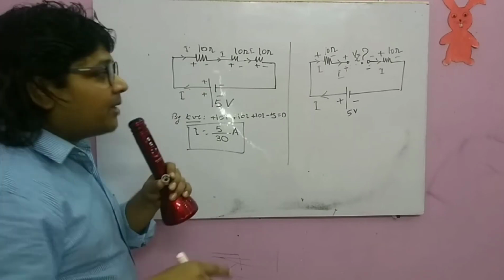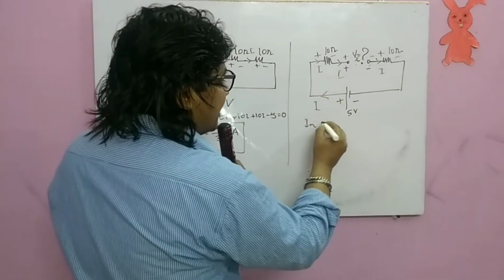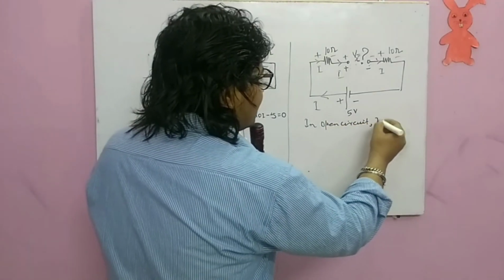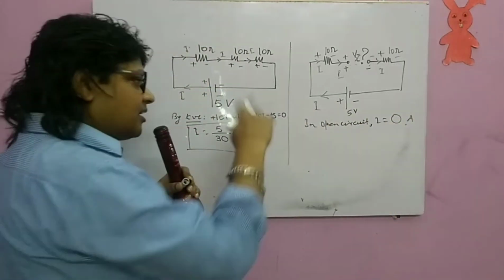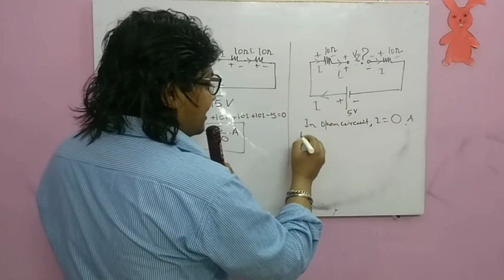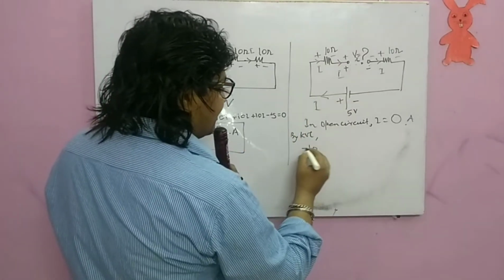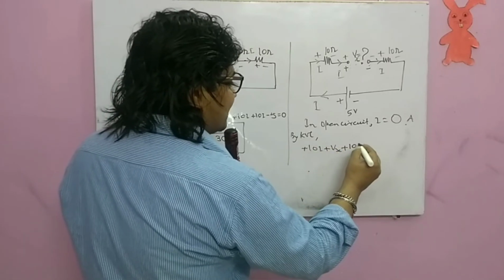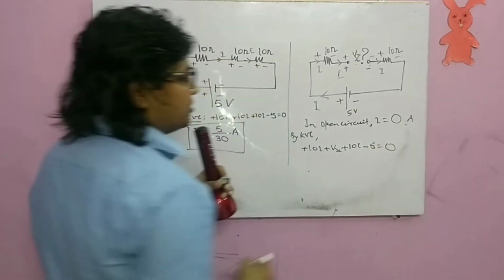But mind it, because this is an open circuit, what happens in open circuit? Current is 0. Current doesn't flow. Now write KVL. 10I plus Vx plus 10I minus 5 is equal to 0.